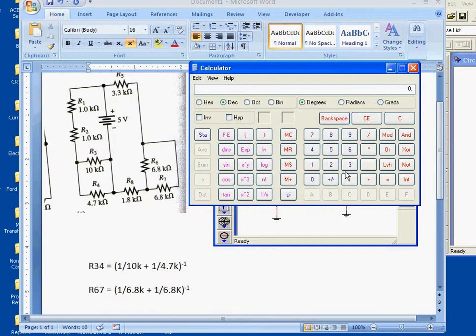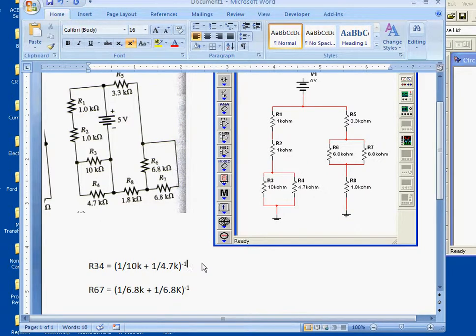Let's run my Windows calculator here to figure it out. Okay, so 4.7, 1/x. We need to add to that 1 over 10, which is 0.1. Take the inverse of that now, and that comes out to 3.2.